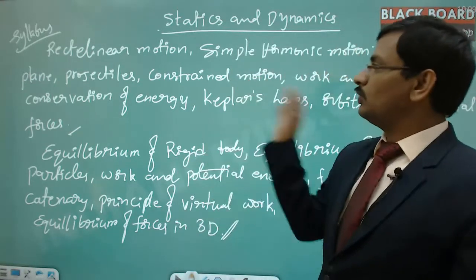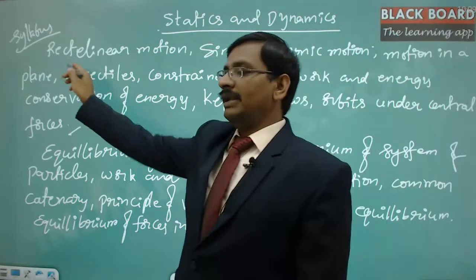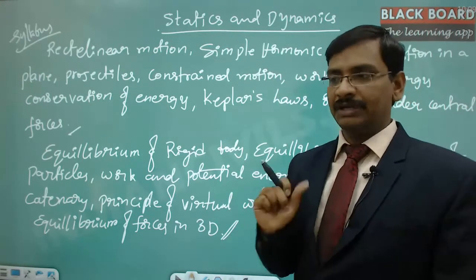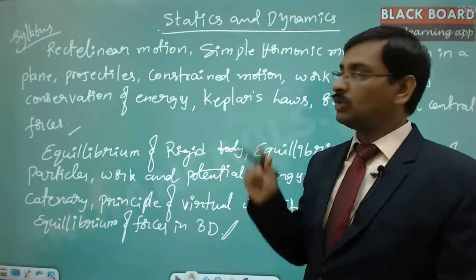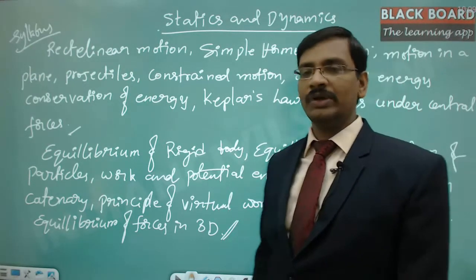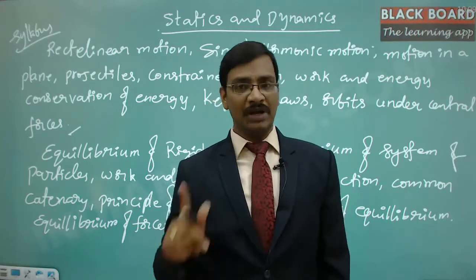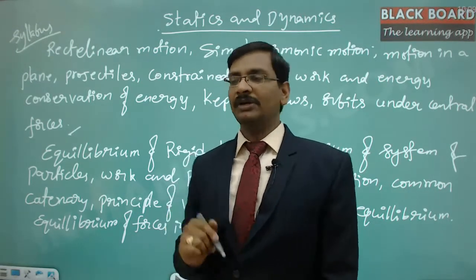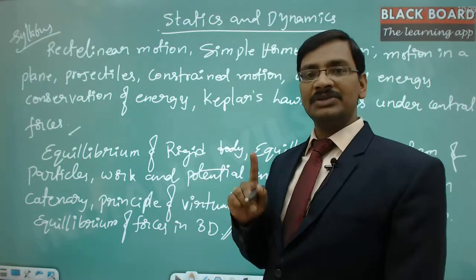If you notice carefully, rectilinear motion means motion of a particle in a straight line. To study particle motion, there are different ways. You can simplify the motion of the particle into one-dimensional, two-dimensional and three-dimensional. One-dimensional motion is nothing but straight line motion.